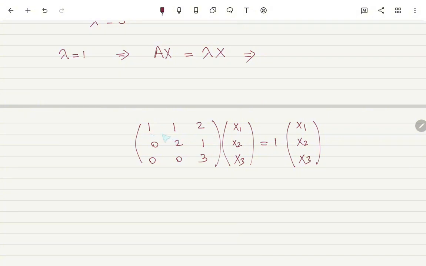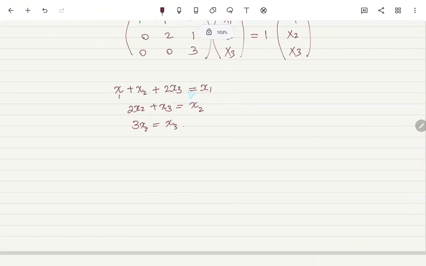When we multiply this row with this column, it's equal to x1. This row with this column, it's equal to x2. This row with this column, it's equal to x3. We will get three equations: x1 plus x2 plus 2x3 equal to x1, 2x2 plus x3 equal to x2, 3x3 equal to x3.